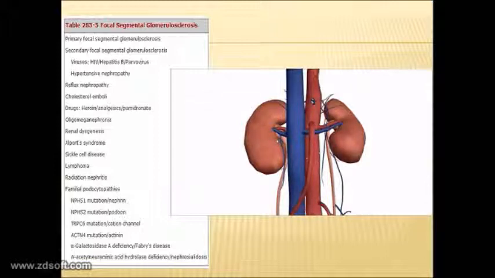Secondary focal segmental glomerulosclerosis is associated with viruses like HIV, hepatitis B, parvovirus, hypertensive nephropathy, reflux nephropathy, cholesterol emboli, drugs like heroin, analgesics, pamidronate, oligomeganephronia, renal dysgenesis, Alport syndrome, sickle cell disease, lymphoma, radiation nephritis, familial podocytopathies, etc.